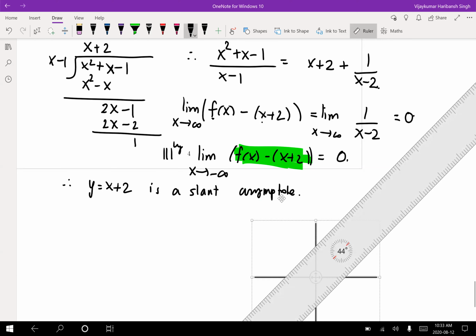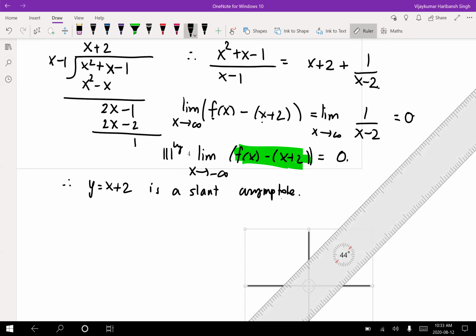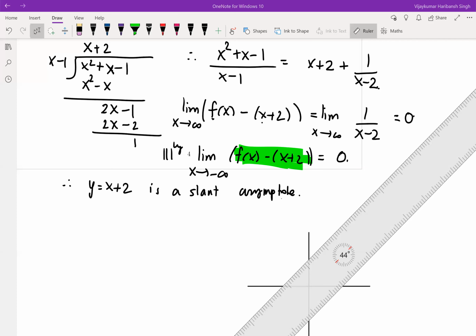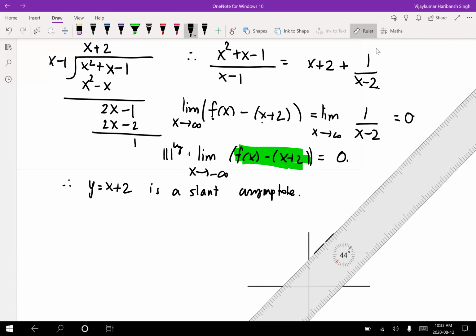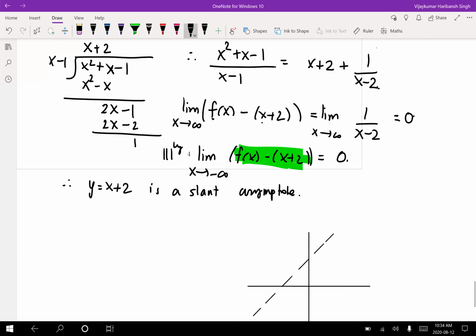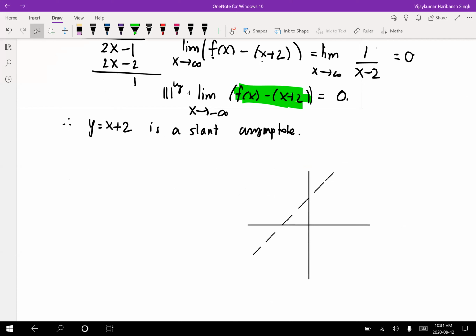Let's just draw this. This is the slant asymptote, and you can see your function looks so.